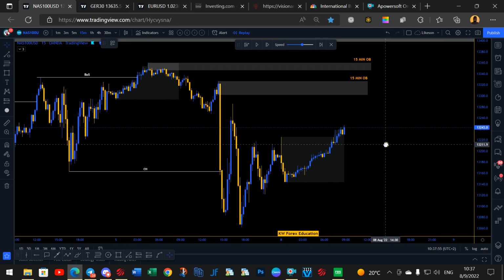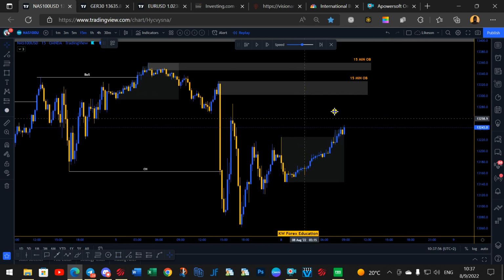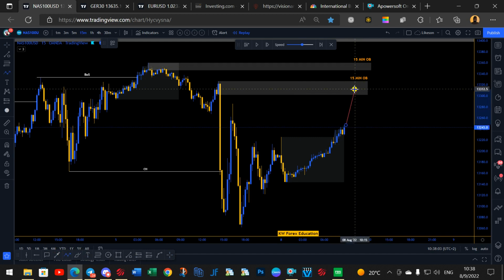So normally what I always do is that when I get a mitigation like that, I don't just sell. I need to go on 1 minute time frame, and I need to see something like this where I get a change of character here.